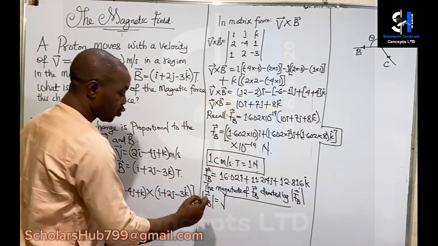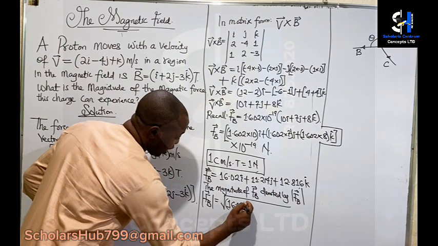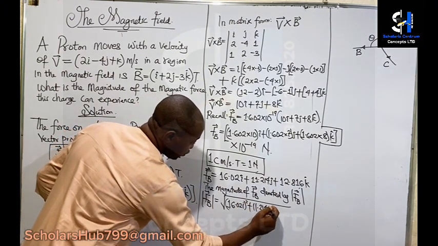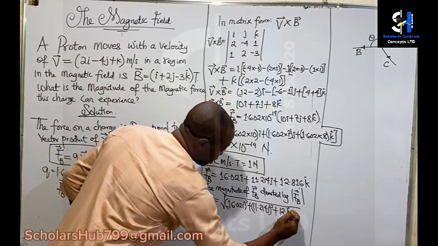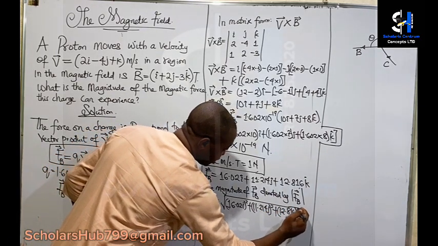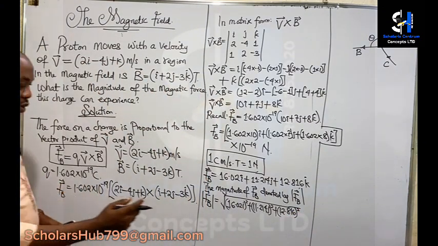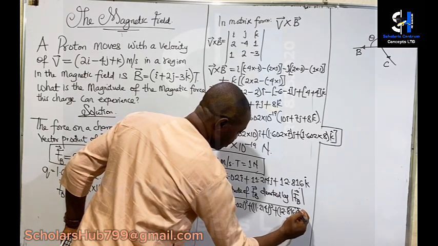So let's get the square of 16.02 I square plus 11.214 J square plus 12.816 K square.